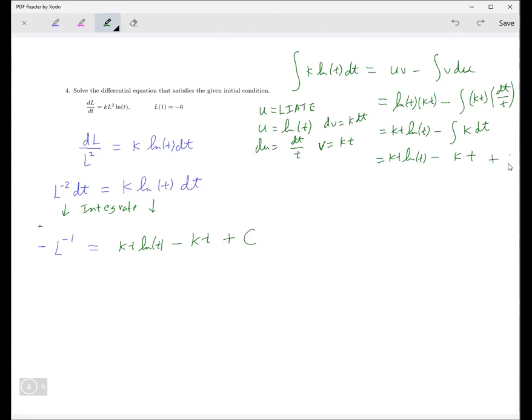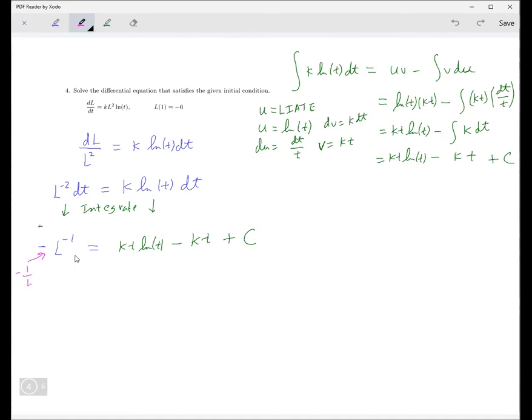And then we put a constant on the end. Okay, so great. We come down to here, and essentially, this is the same as negative 1 over L.